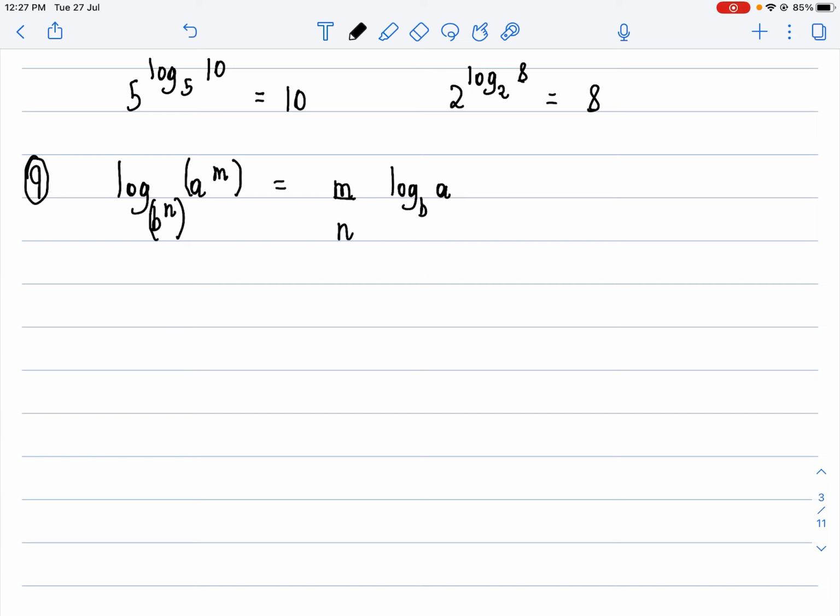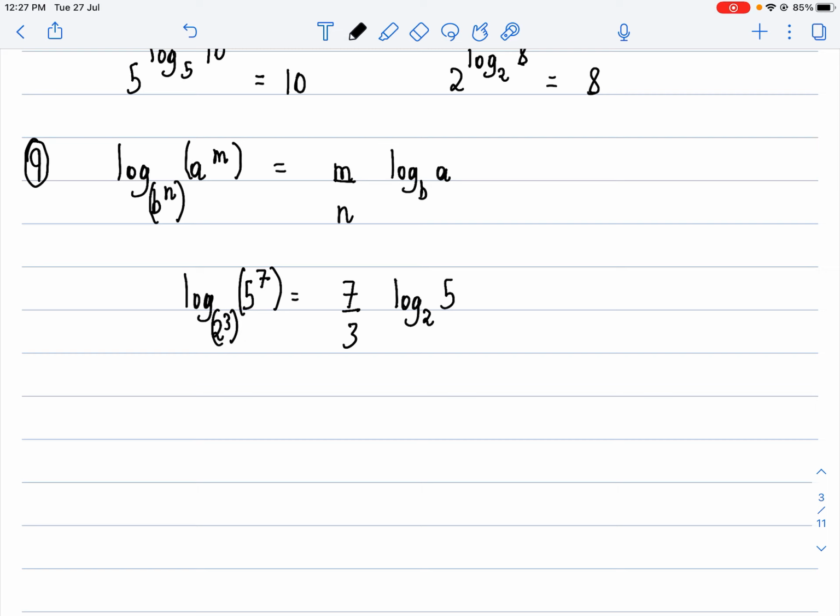Correct? So the example here is basically if I have something like log of 5 raised to 7 and in the base let's say I have 2 raised to 3. Correct? I can simply just write this as 7 over 3 with log of 5 with the base 2. Correct? Simple property.